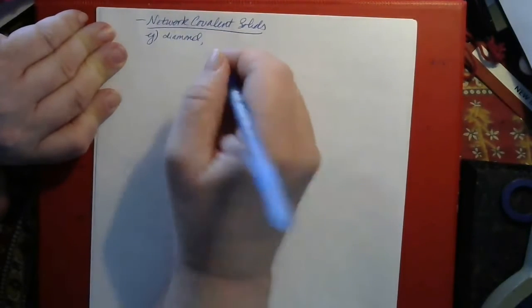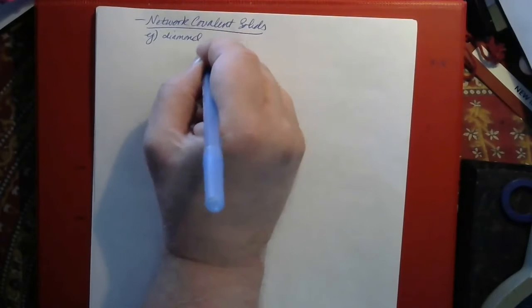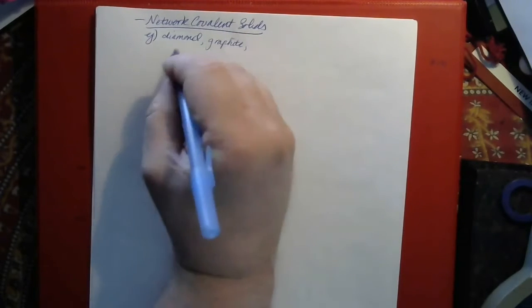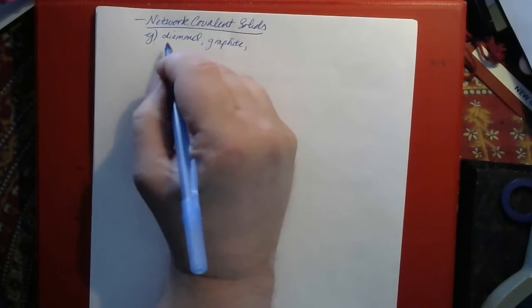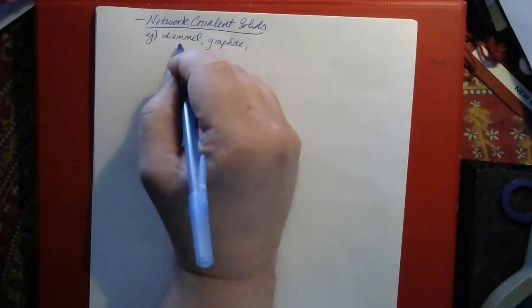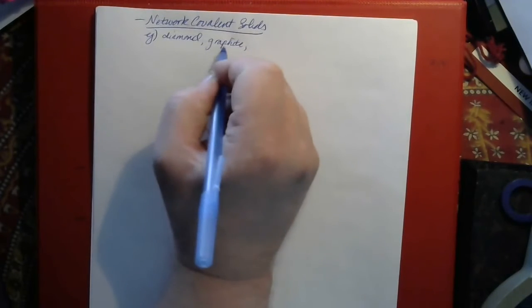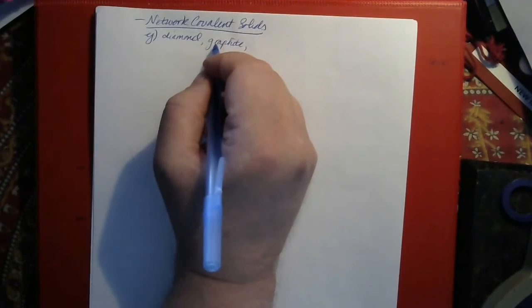One example is diamond, another is graphite. Both of these are made up of carbon atoms. The diamond is carbon atoms that are bonded together in a three-dimensional network. Graphite has carbon atoms bonded together in two-dimensional networks, and they basically form flat sheets.